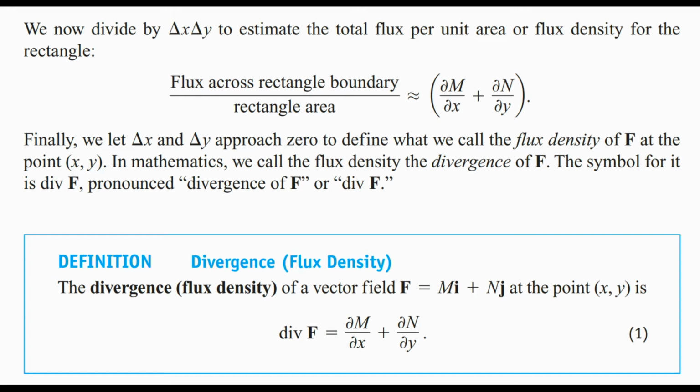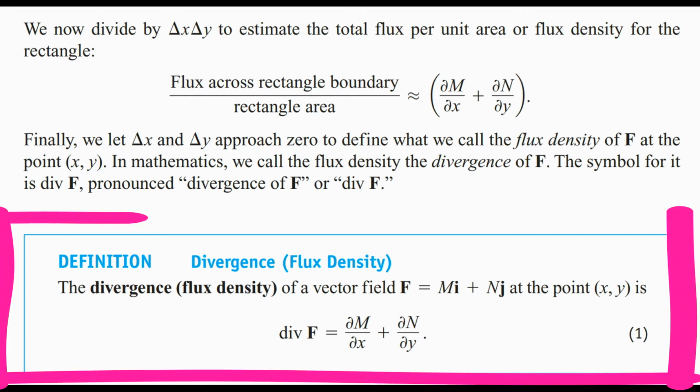Finally, we let delta x and delta y approach 0 to define what we call the flux density of F at the point (x,y). In mathematics, we call the flux density the divergence of F. The symbol for it is div F, pronounced divergence of F or div F.